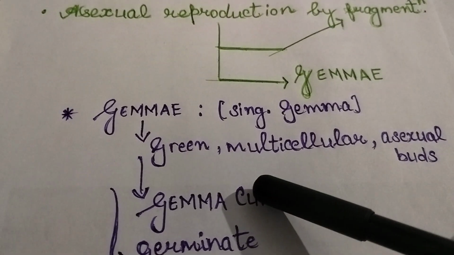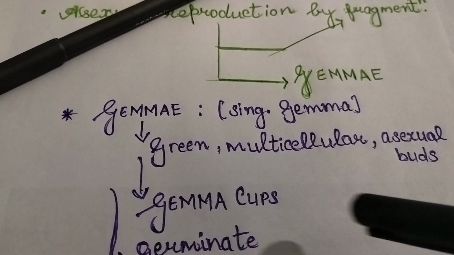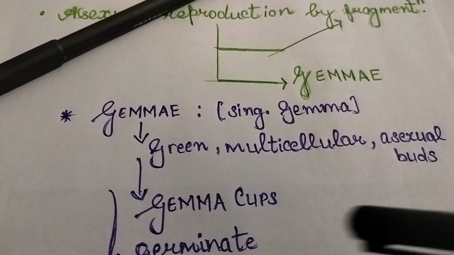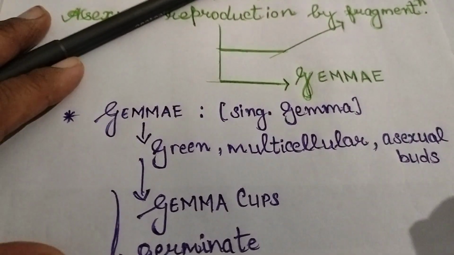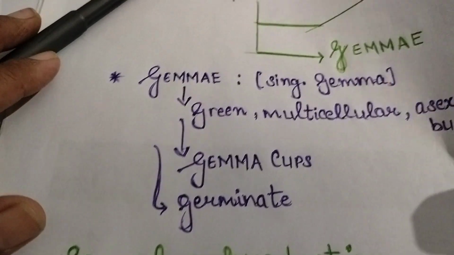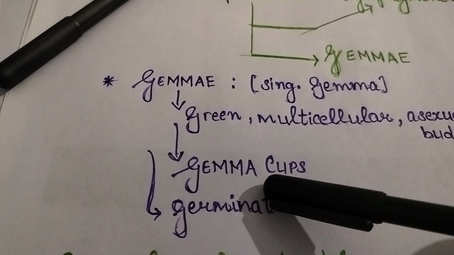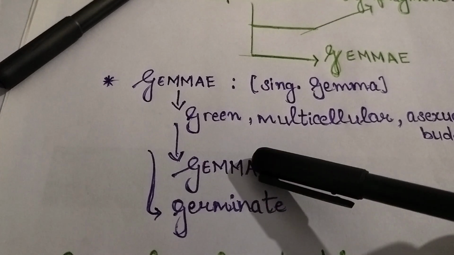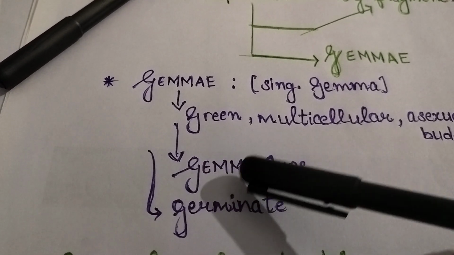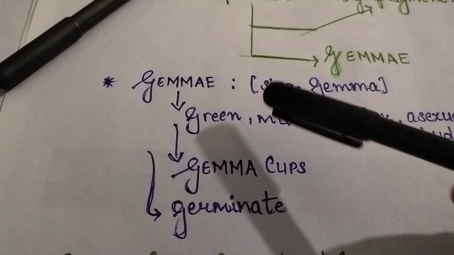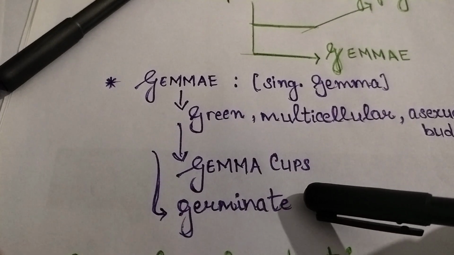So it is a green, multicellular, asexual bud which develops in small receptacles, small structures called gemma cups, which are formed on the thallus, and from these gemma cups, gemmae are produced in the thallus.